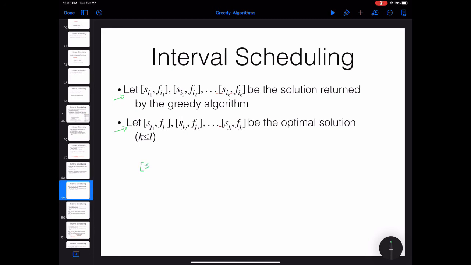based on the starting, the intervals. Starting from the first one, then the second one. These indexes are just telling you that this is the index in the optimal.